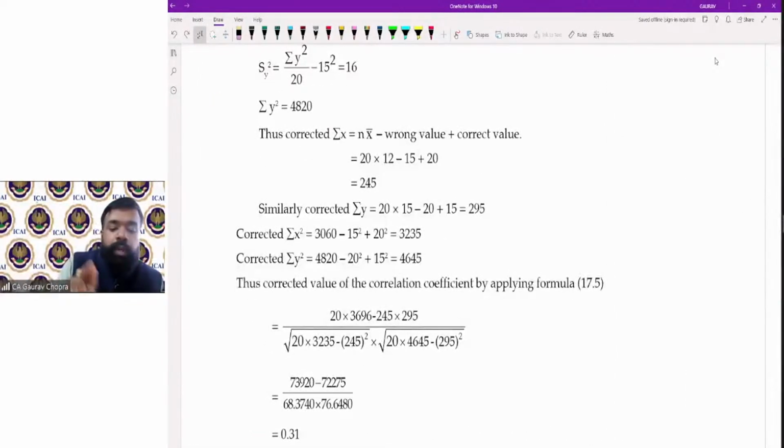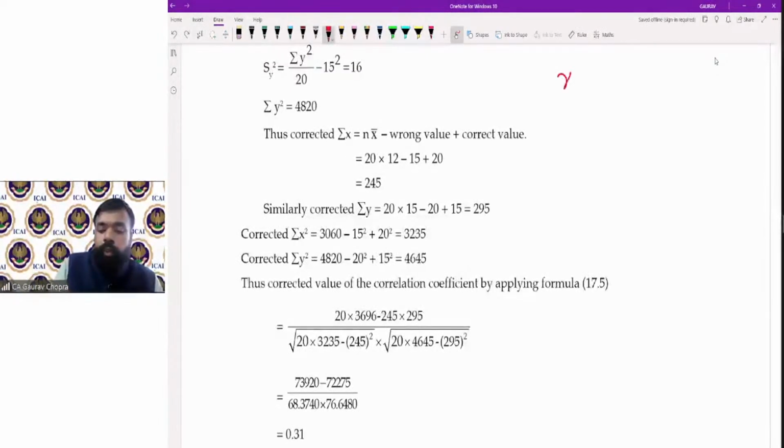So सिग्मा x को कैसे कैलकुलेट करेंगे? So as we know x bar is equal to sigma x upon n. Now what is the given value of x bar? X bar की given value क्या है?